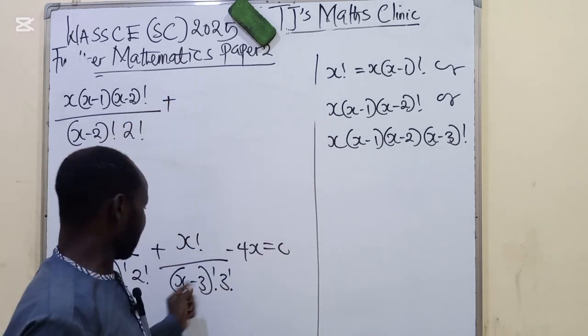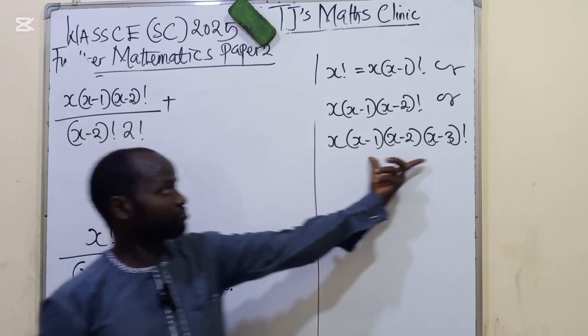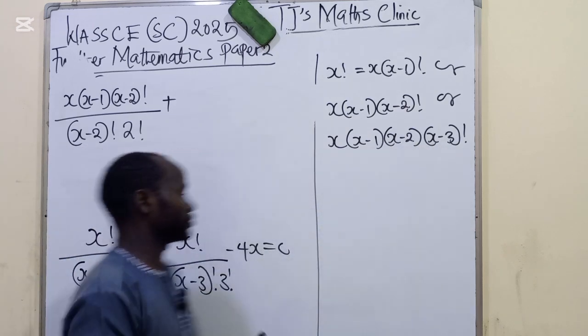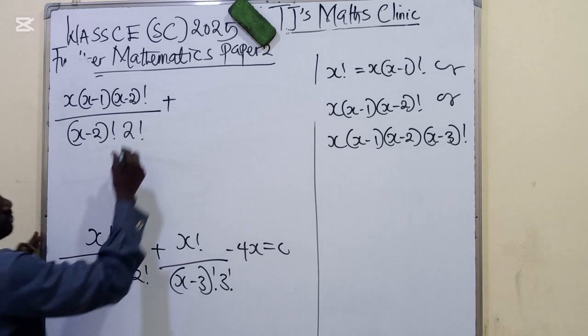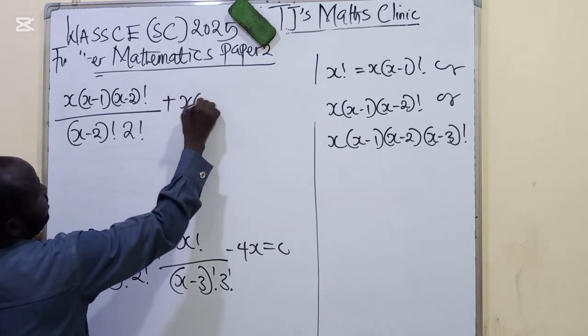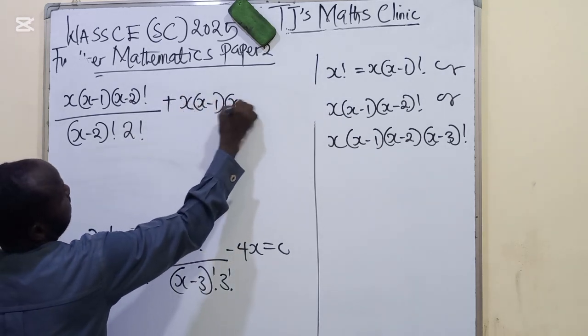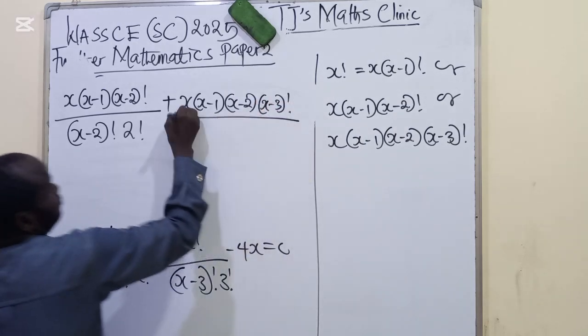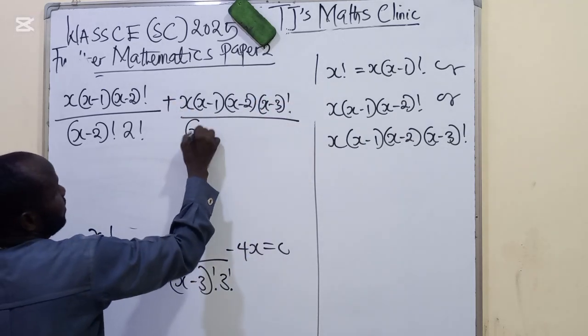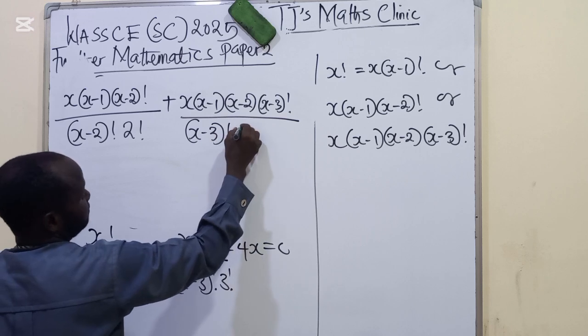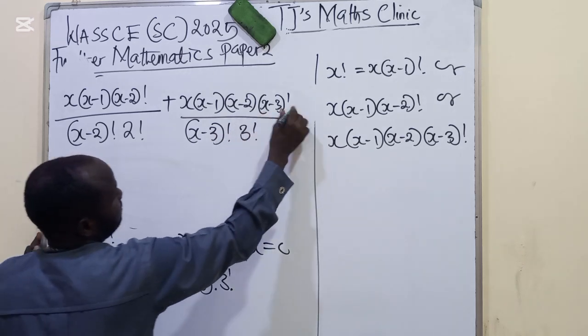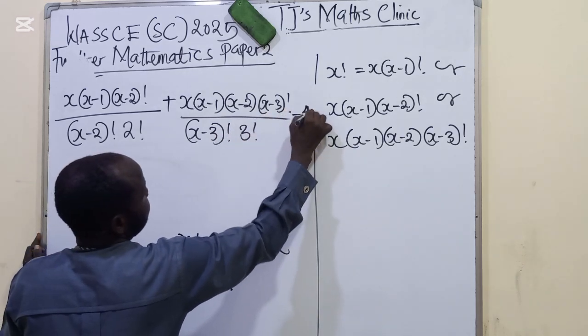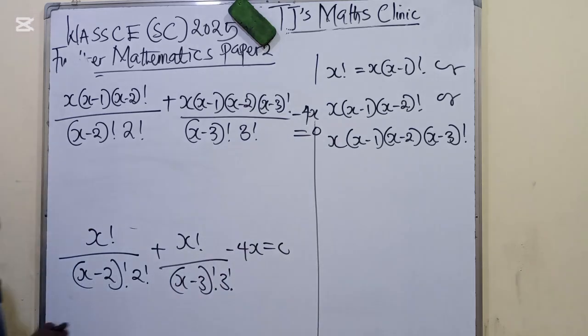I have x minus 3 factorial, meaning I will pick the form that has x minus 3 factorial. This will be x into x minus 1 into x minus 2 into x minus 3 all factorial divided by x minus 3 factorial times 3 factorial, then minus 4x equals 0.